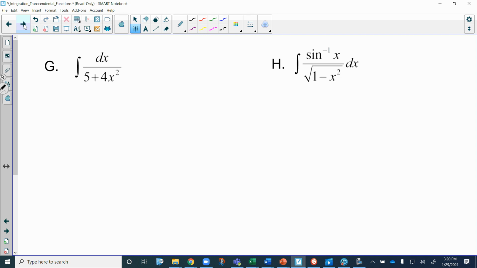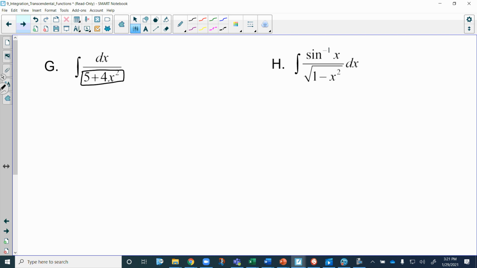If you go back to the beginning of the lesson and look at the rules that were given to you there, we're going to be looking at this bit here. This is what's going to throw people off, because a lot of people are going to look at that and just say, oh, that's u, and then they're going to want to try our u substitution the way we've done on the last several examples.